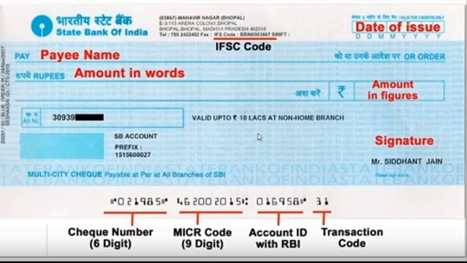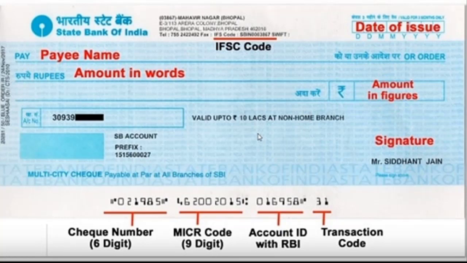After that, on the second line you have to write amount in words, and here we have to mention amount in figures also. Below that, the account number of the account holder is written.